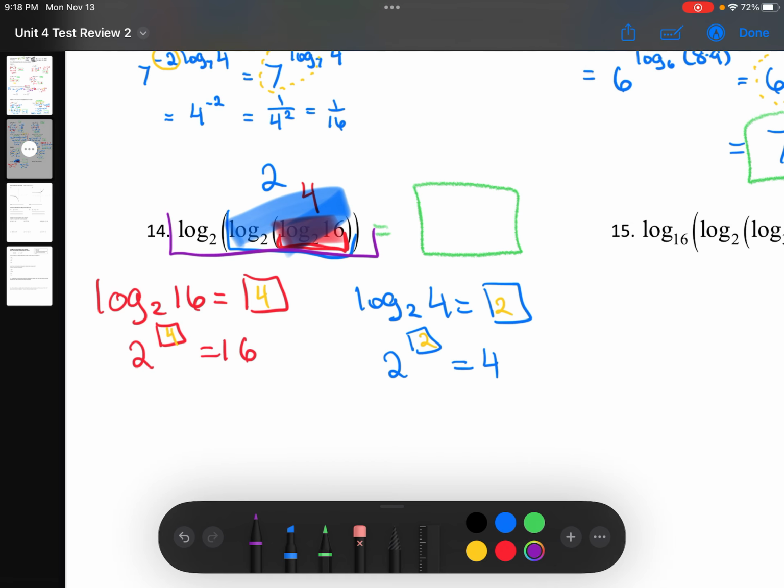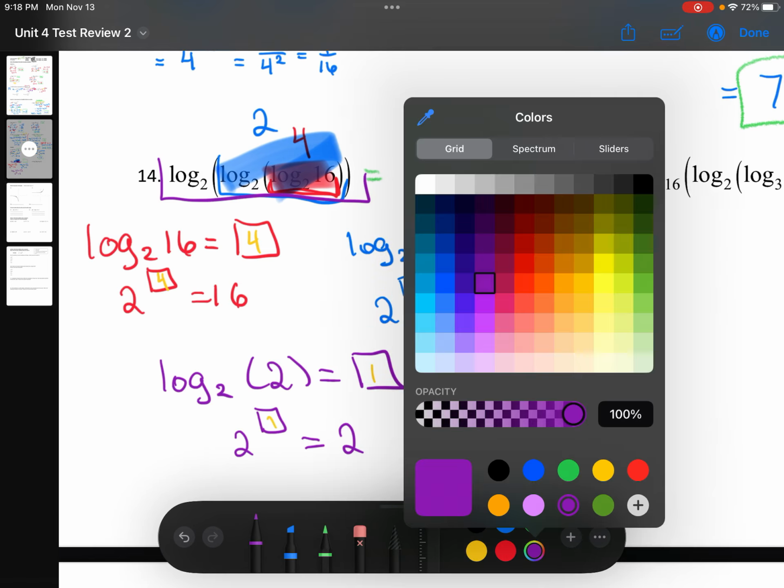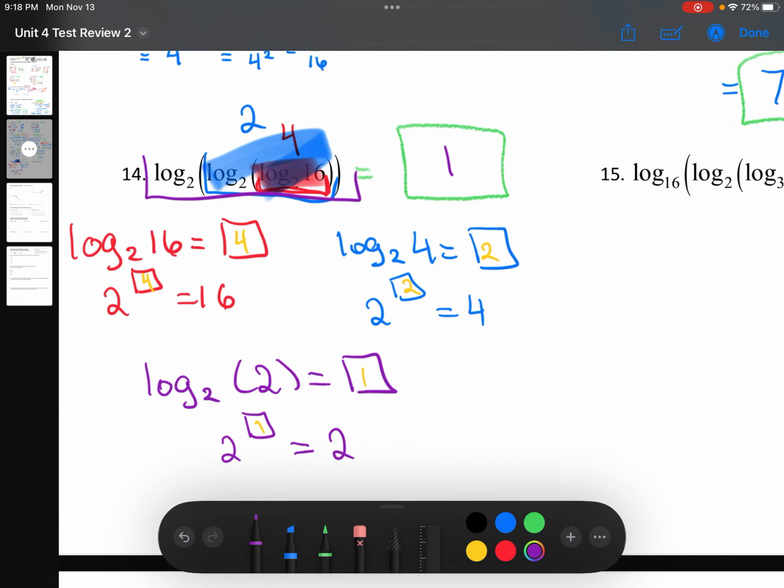And now we're doing the very last step, this whole thing, which is log base 2 of 2. Meaning 2 to some power is 2. We know that power is 1. So our final answer here is 1.